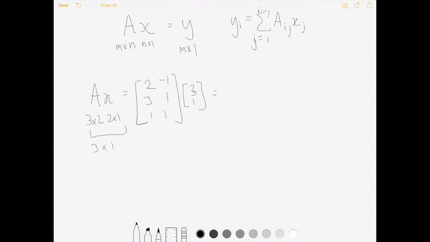It's 2 times 3 minus 1 times 1, which is 6 minus 1, then 9 plus 1, then 3 plus 1, which is 5, 10, 4. I hope that's right.